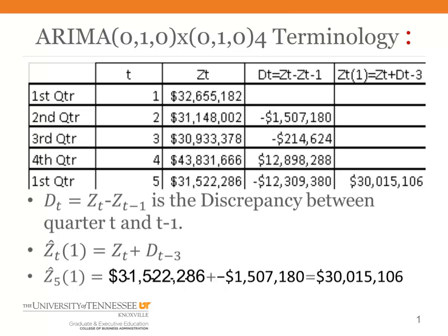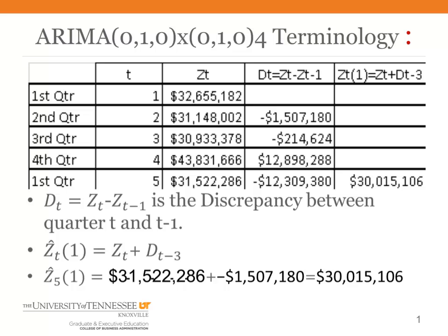So in this particular example here, I'm in first quarter of the second year, T equal 5, and the observed value at that time is about 31.5 million. And I add to that the discrepancy that I saw between first quarter and second quarter of last year. So I go back to second quarter of last year and pick up that minus 1.5 million, and that produces my forecast of 30,000.